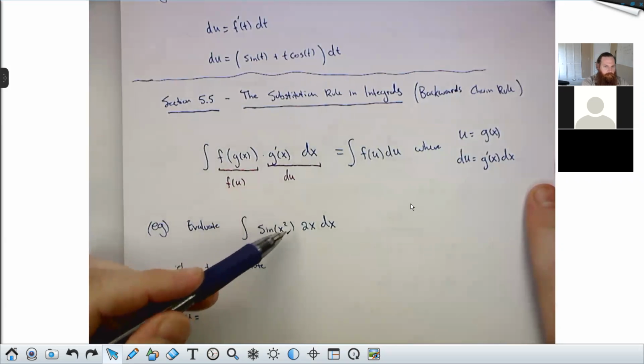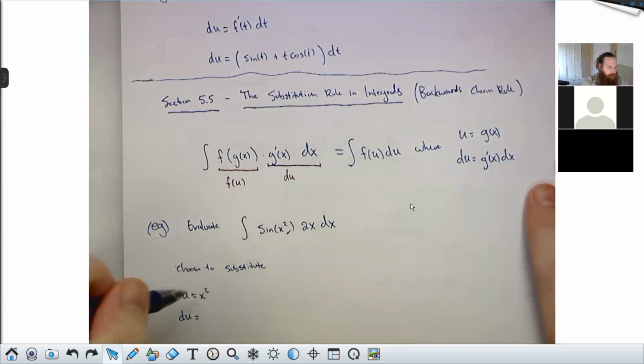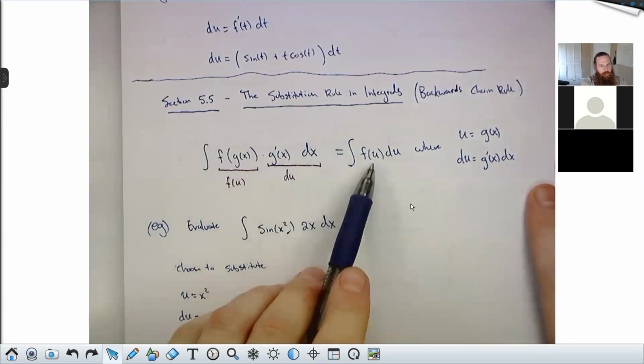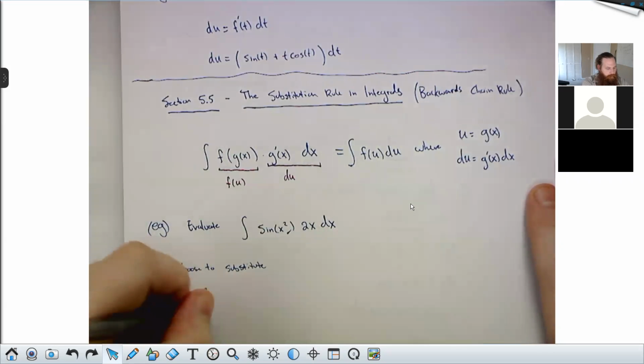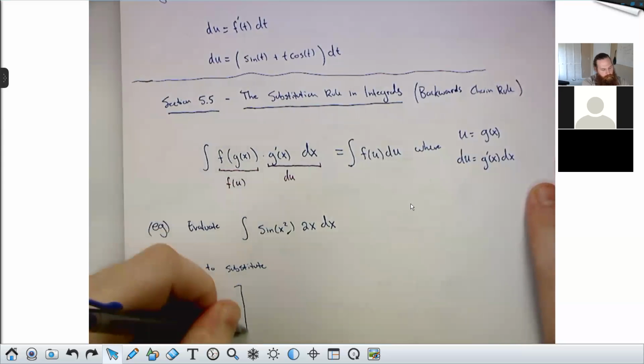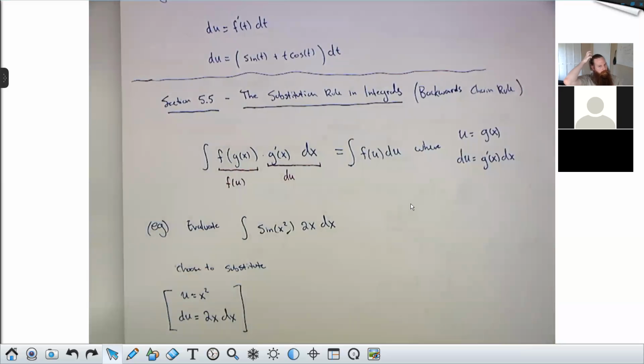This is what's making life hard. If I'm going to substitute u equals x squared, I need to calculate du and rewrite my whole integral in terms of the variable u. Du here is 2x dx. That's the differential. When you do this, I recommend putting all this stuff in a little box.